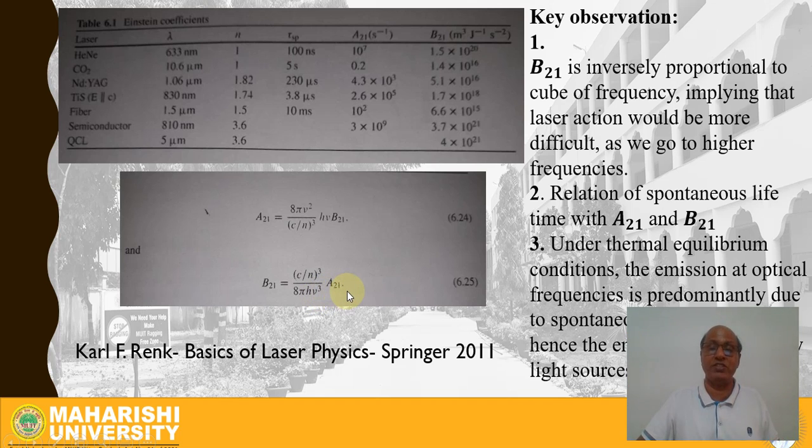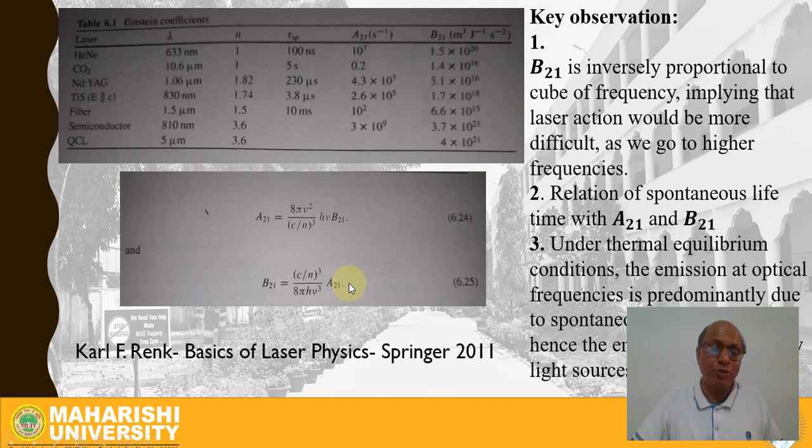That is one observation. Second, if you see the relation between A21 and B21, that means spontaneous emission and stimulated emission, you have to do a trade-off between the two.